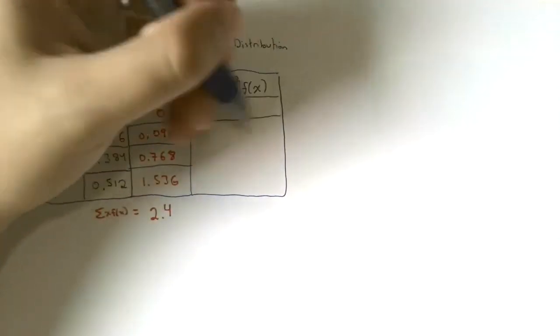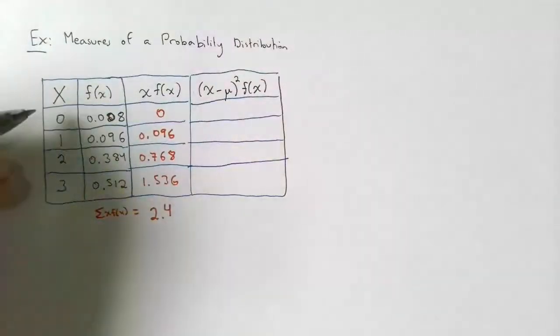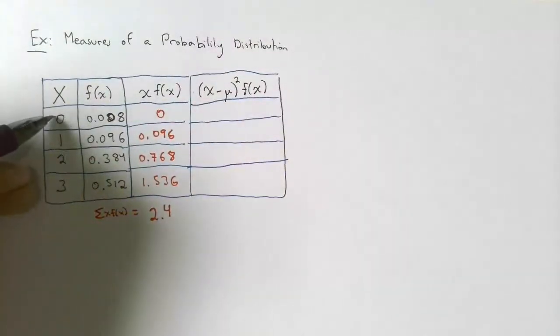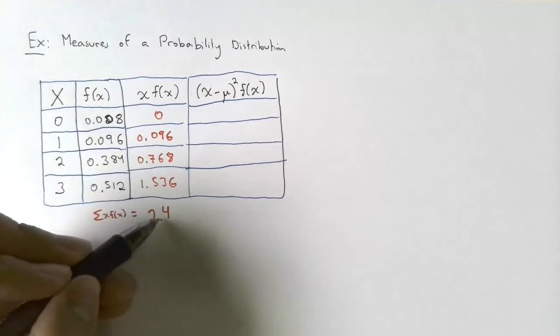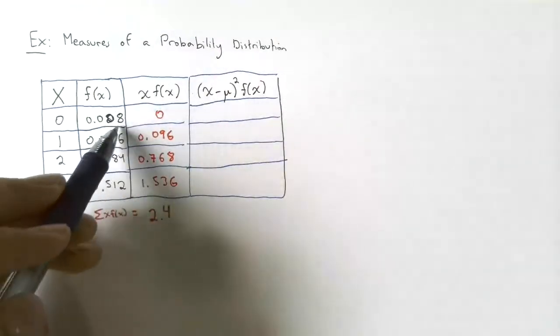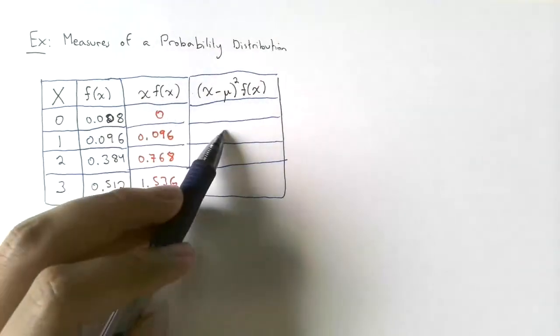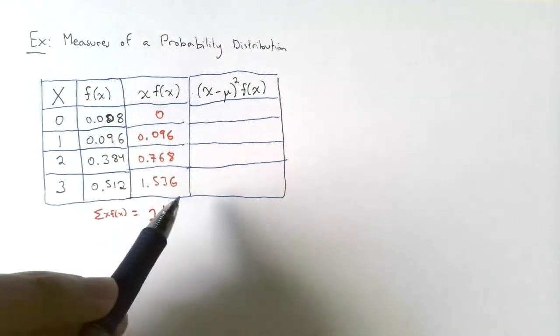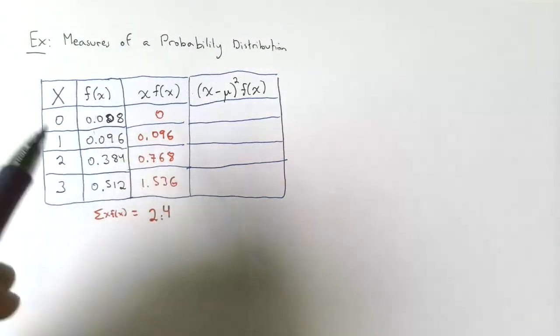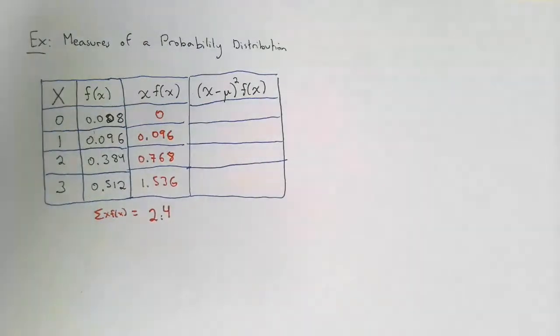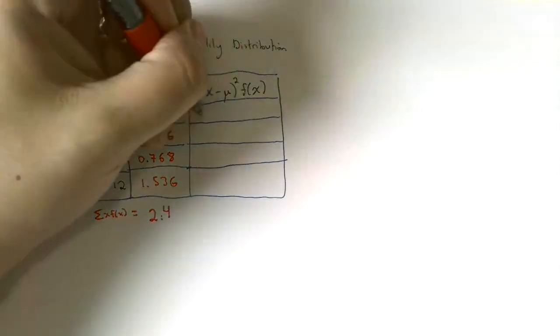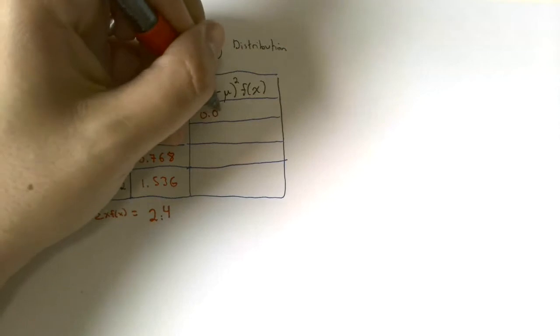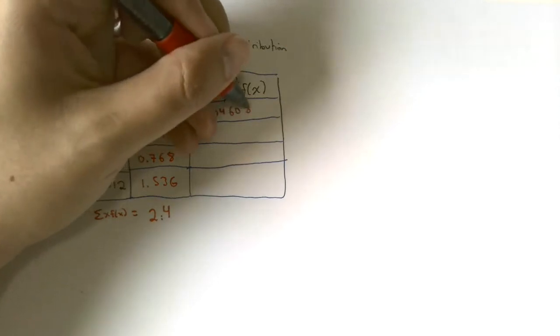It'll be a lot faster if you do. All we're doing here is we're taking this value minus this value, square that, and then multiply by this value. For the next cell, we're taking this value minus this value, square it, and multiply by this value. If we do this for all cells, then we're going to get the following values.